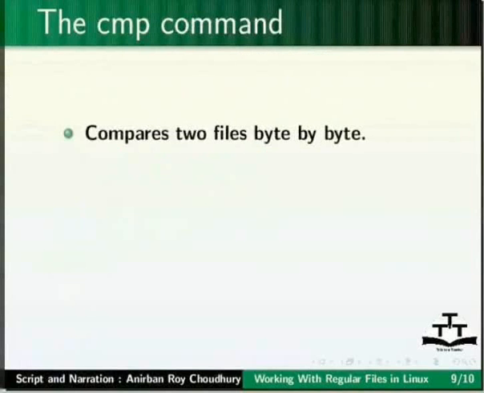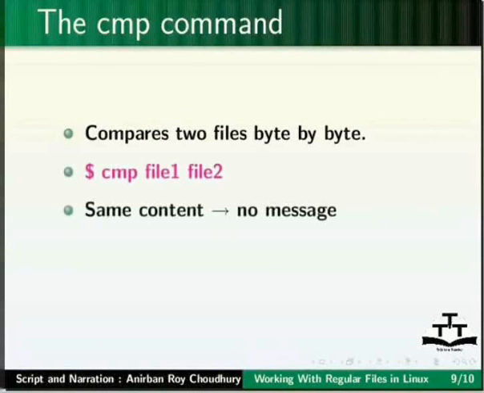Sometimes we need to check whether two files are same. If they are same, then we may delete one of them. Also, we may want to see whether a file has changed since the last version. For these and many other purposes, we can use the cmp command. It compares two files byte by byte.